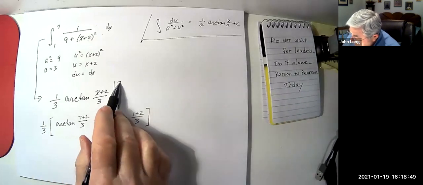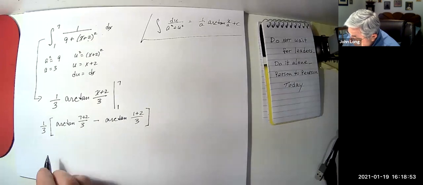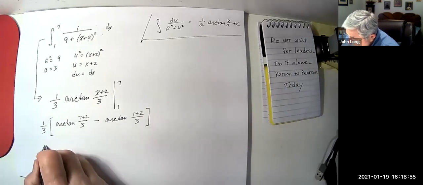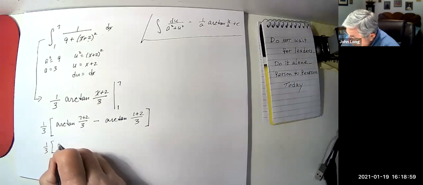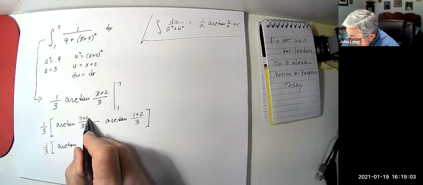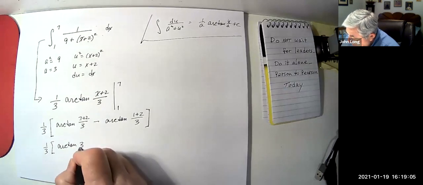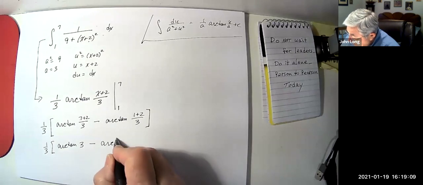So we substitute the top number in first, and then the bottom number in second, subtracting in between. So this is 1/3 arctan. This is 9 over 3 is 3. And 3 over 3 is 1.